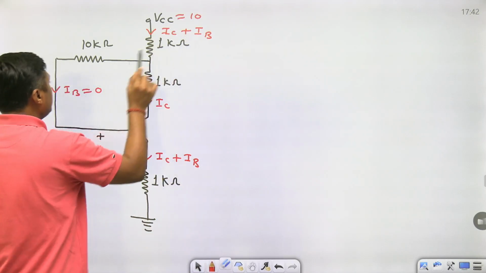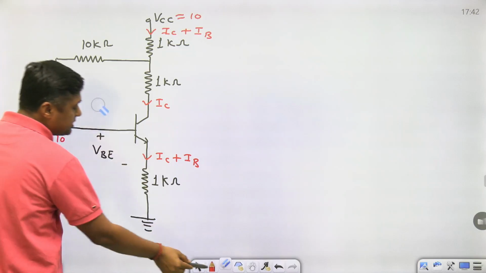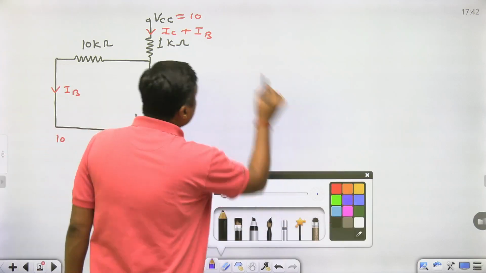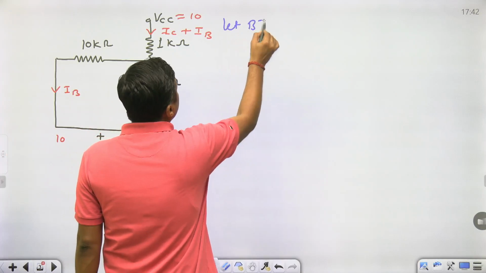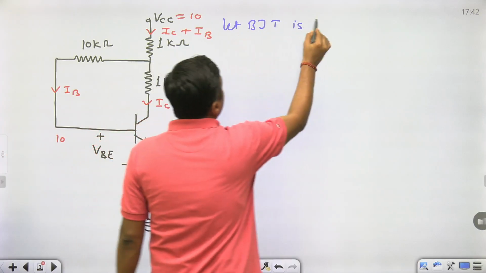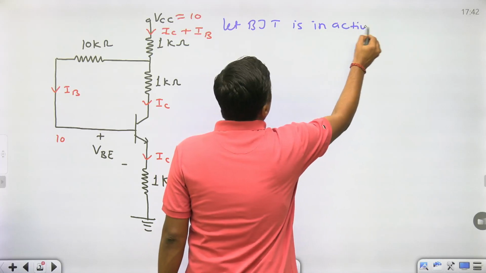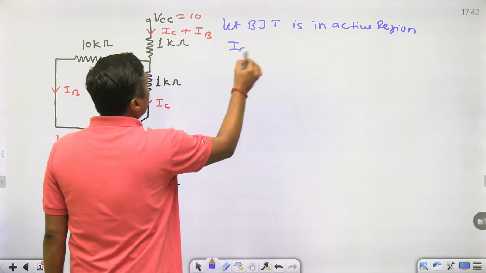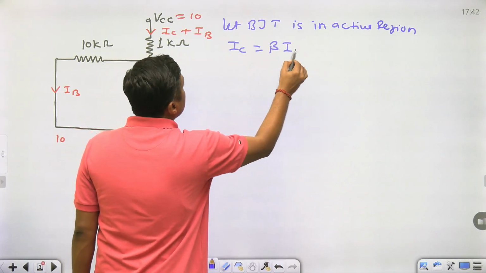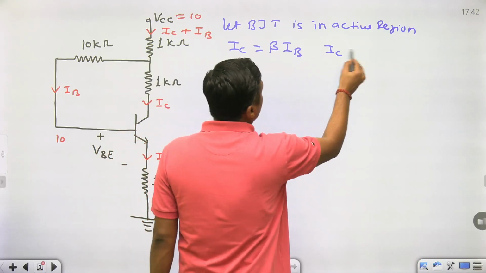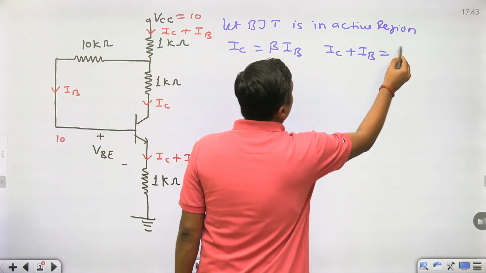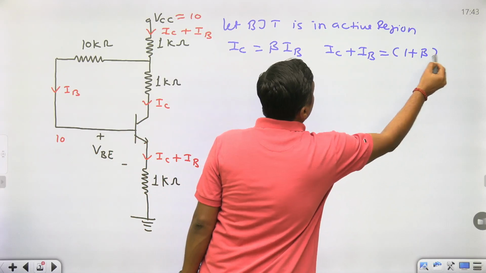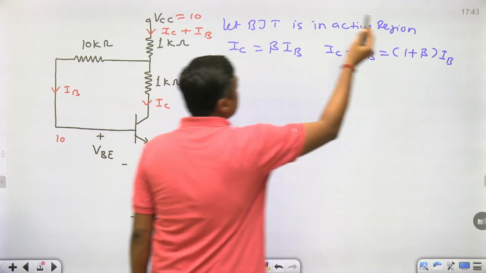Normally we assume that let the BJT be in active region. Once you assume active region, IC is equal to beta IB. So IC plus IB is equal to 1 plus beta times IB. Always remember, right? What is the beta? 50.